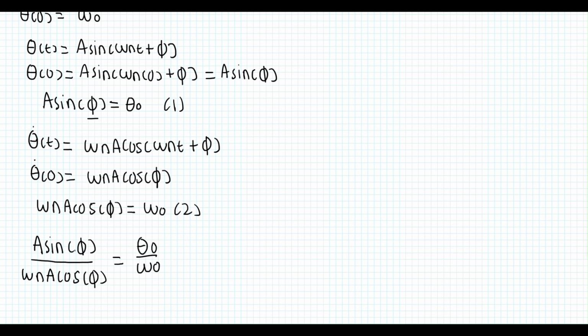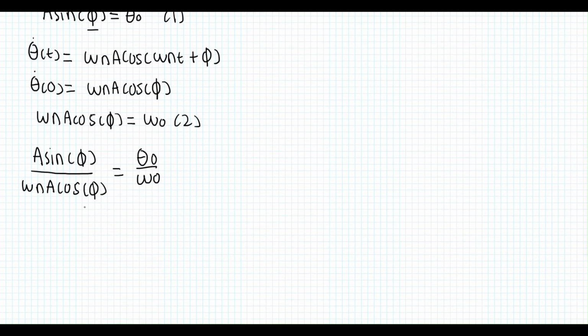And sine phi over cos phi is just tan of phi, and the a's also cancel. So what that leaves us with is 1 over omega n multiplied by tan of phi is equal to theta naught over omega naught.